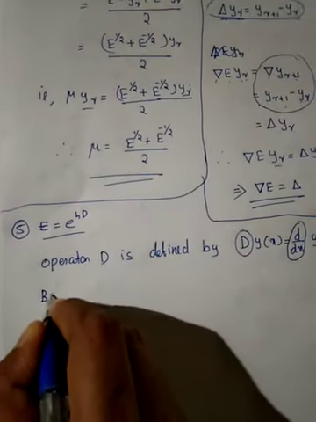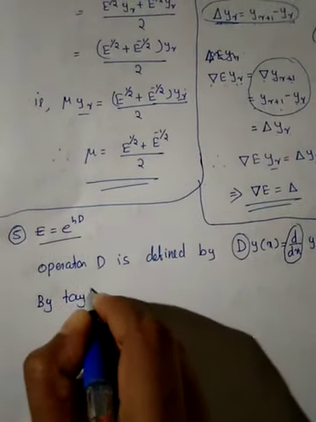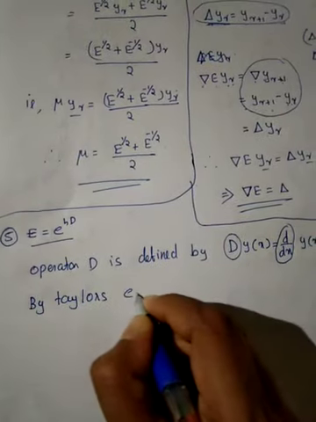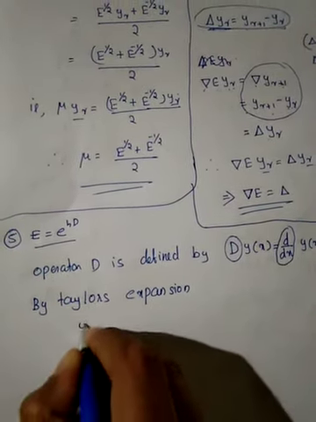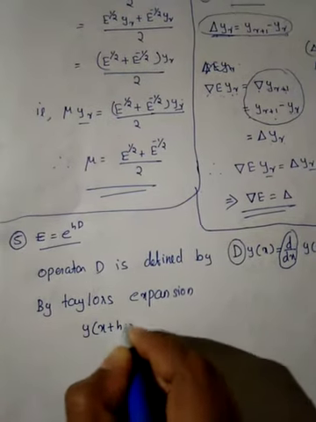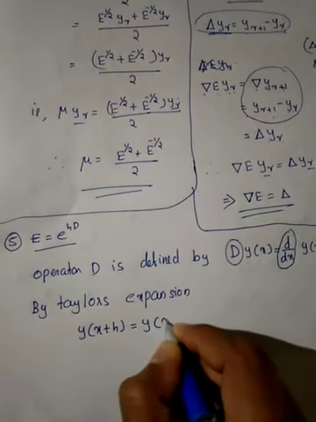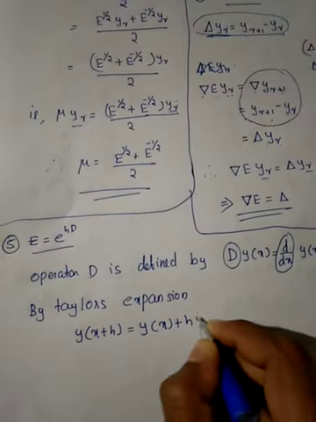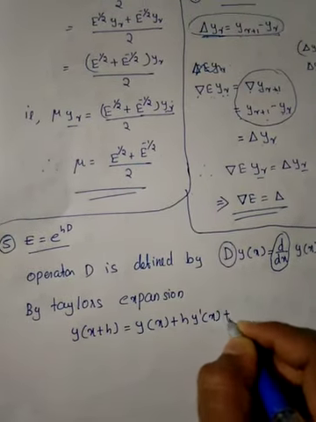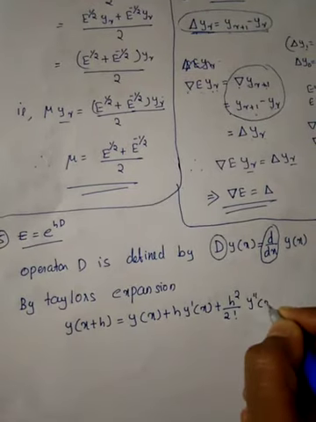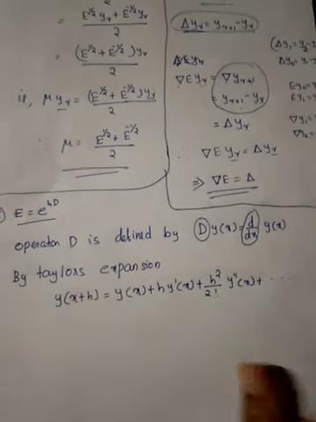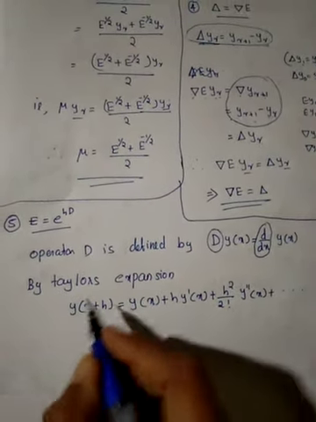By Taylor's expansion, y(x+h) equal to y(x) plus h y'(x) plus h squared by 2 factorial y''(x) plus etc. Yes, it is the Taylor expansion.